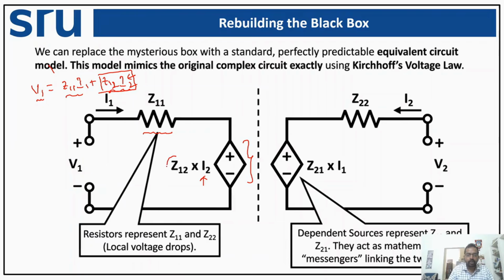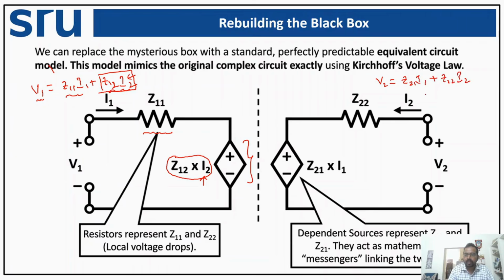Its magnitude is Z12 I2. So V1 equals Z11 I1 plus Z12 I2. Similarly, we represent the second equation, V2 equal to Z21 I1 plus Z22 I2.